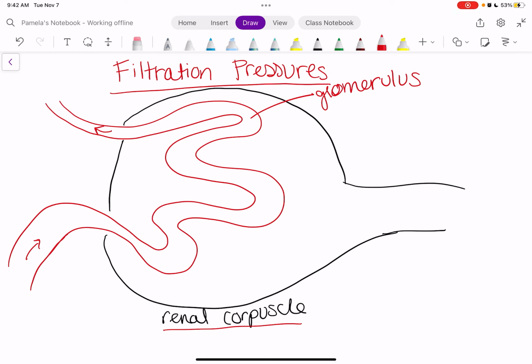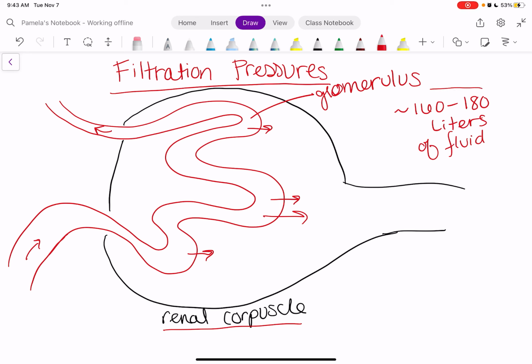And if we take into account all the fluid that gets filtered through here in one day, we would see that the amount is about, depending on our body size, 160 to 180 liters. 160 to 180 liters of fluid gets filtered out of here and into the nephron, into this tubule each day.